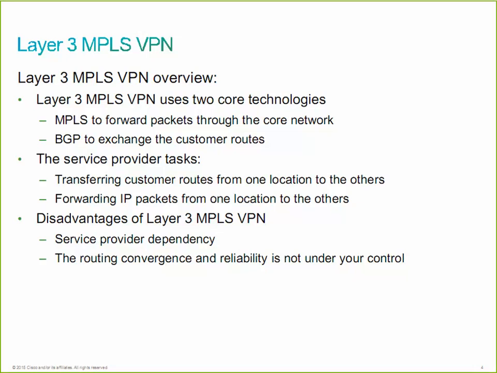They're using RFC 1918 addressing, and multiple customers might be using the same RFC 1918 address space. That being said, there has to be a way to distinguish one customer from the other. We use virtual route forwarders. We use essentially unique IDs to identify each client or each customer.